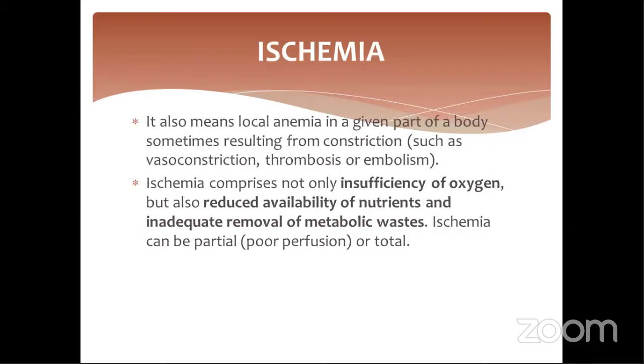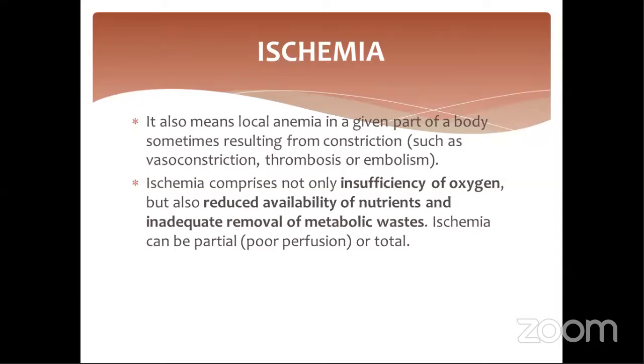Ischemia comprises not only insufficient oxygen but also reduced availability of nutrients and inadequate removal of metabolic waste. So ischemia means being deprived of blood supply. When blood supply is deprived, oxygen supply gets deprived, so hypoxia occurs.